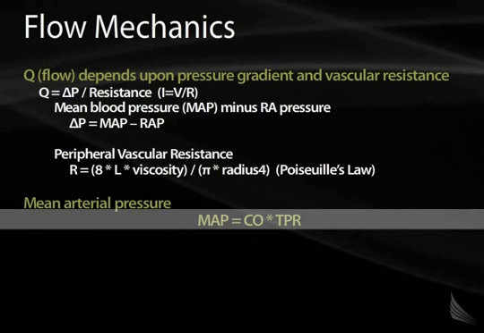When doing a cardiac catheterization, we can calculate the total peripheral resistance, also known as systemic vascular resistance, by a modification of Ohm's law: mean arterial pressure equals cardiac output times the total peripheral resistance. We can calculate the peripheral resistance by taking the mean arterial pressure and dividing by the cardiac output. The right atrial pressure is usually around 0 to 5 millimeters of mercury and is therefore excluded from this equation.